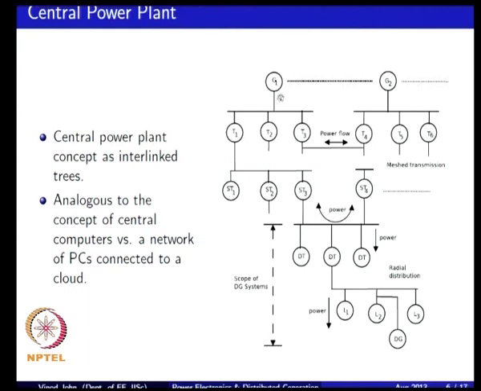Then you connect the generators to a meshed transmission system, where you have power flows which can be bidirectional from one side to the other side. You also have sub transmission systems which might be at a lower voltage level compared to the main power grid, which then connects to distribution systems.